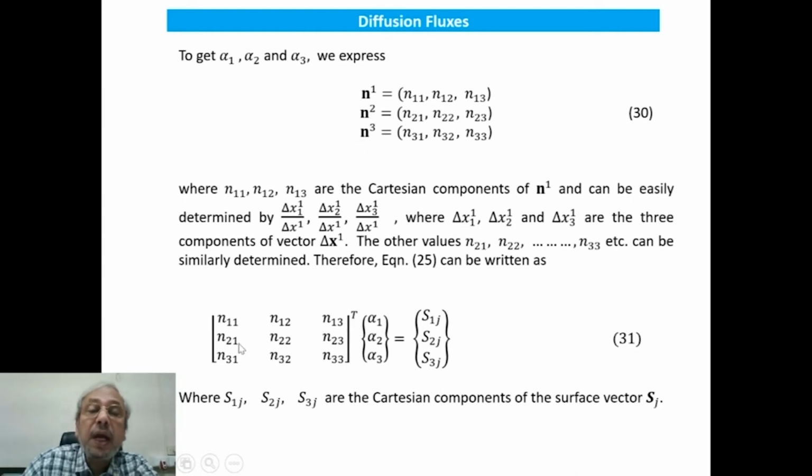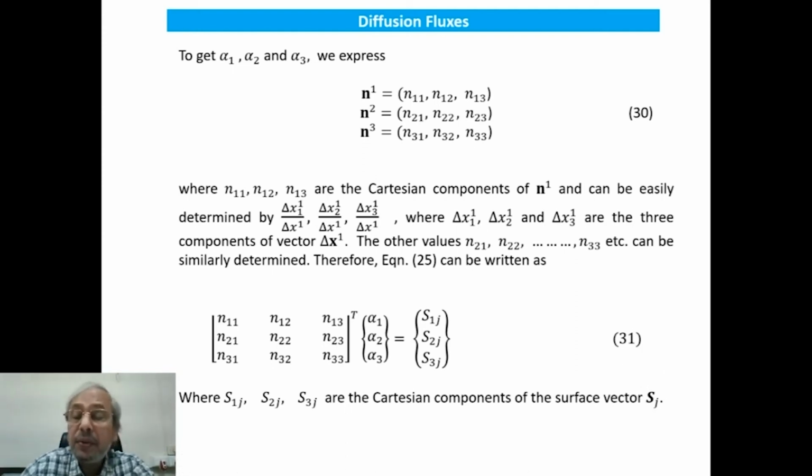Then we can write the matrix n11, n12, n13, n21, n22, n23, n31, n32, n33, transpose, into alpha 1, alpha 2, alpha 3, which comes from equation 29, equal to S1j, S2j, S3j. S1j, S2j, S3j are the Cartesian components of surface vector Sj.